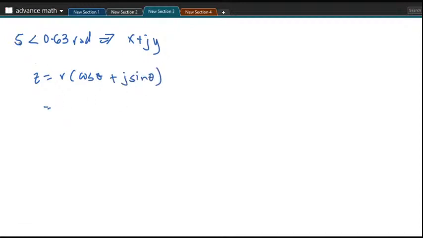Substituting here, this is our r and this is our theta. So we have 5 cosine 0.63 plus j sine 0.63.